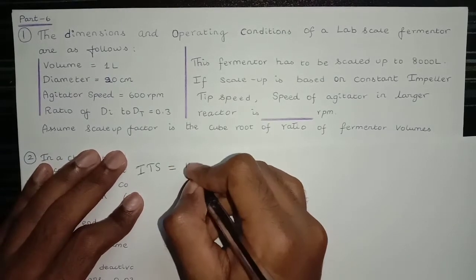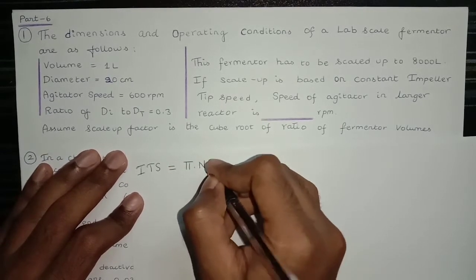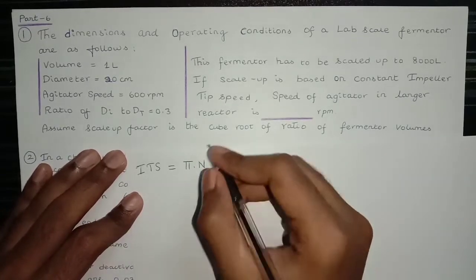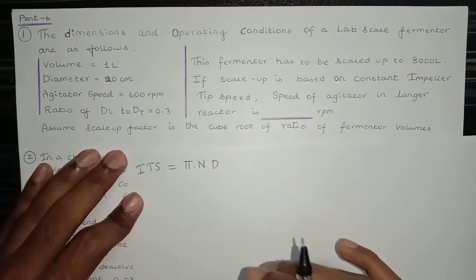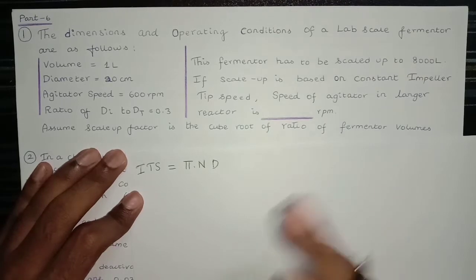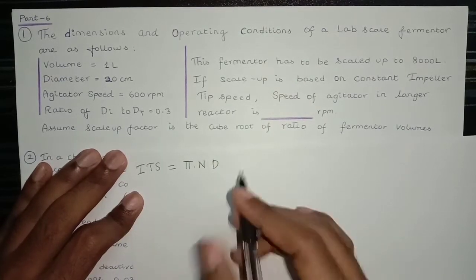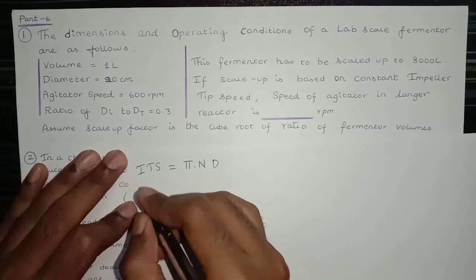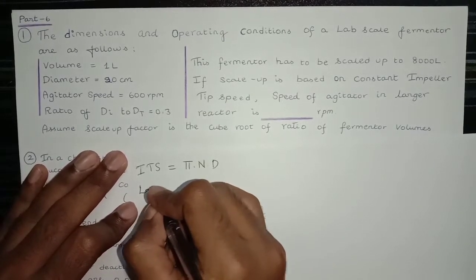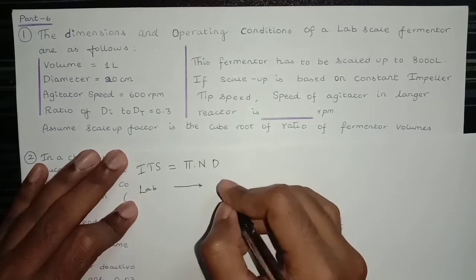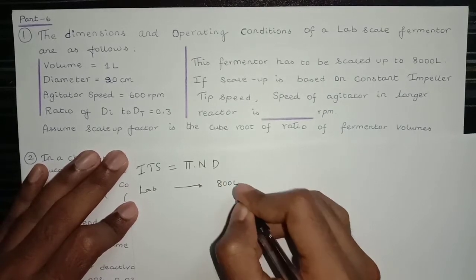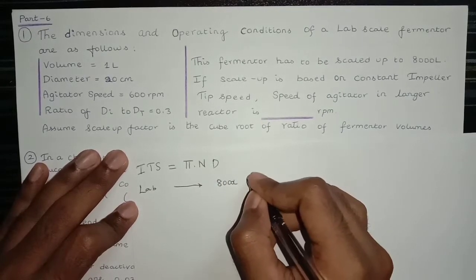The formula is pi times n, where n is the speed of agitator, times d, where d is the diameter of the impeller or diameter of the tank, depending on the ratio. Say for the lab scale to the large scale, 8000 liter fermenter.